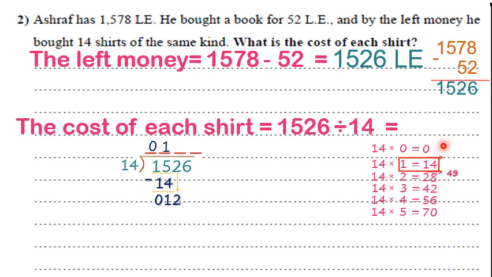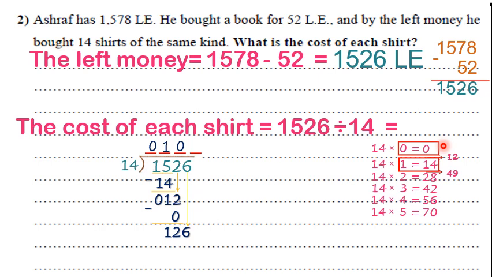Let's write the smallest and nearest, so I'm going to write 0 up. 0 multiplied by 14 equals 0. Then let's subtract: 12 minus 0 equals 12. Then let's bring down 6. So the number is 126.